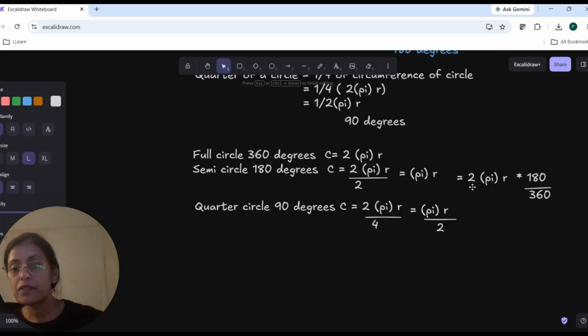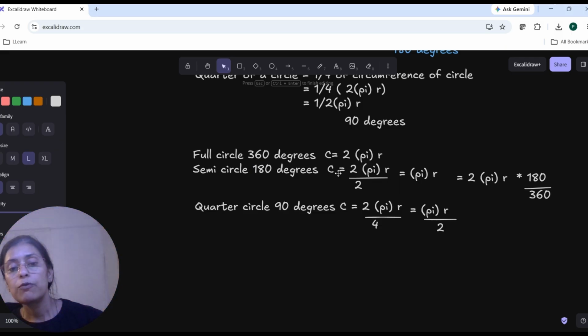Similarly, here, this is the circumference of the full circle, 2 pi r, and then we are multiplying it by 180 degrees, the angle subtended by the semicircle, upon 360 degrees, the angle subtended by the full circle. So if we see, it is more like a unitary method. Now, full circle, 2 pi r, 360 degrees.